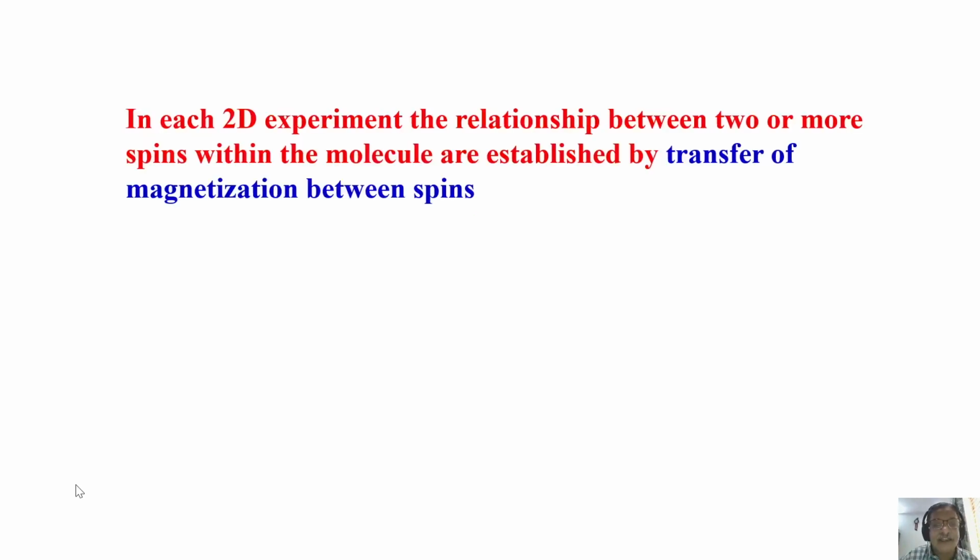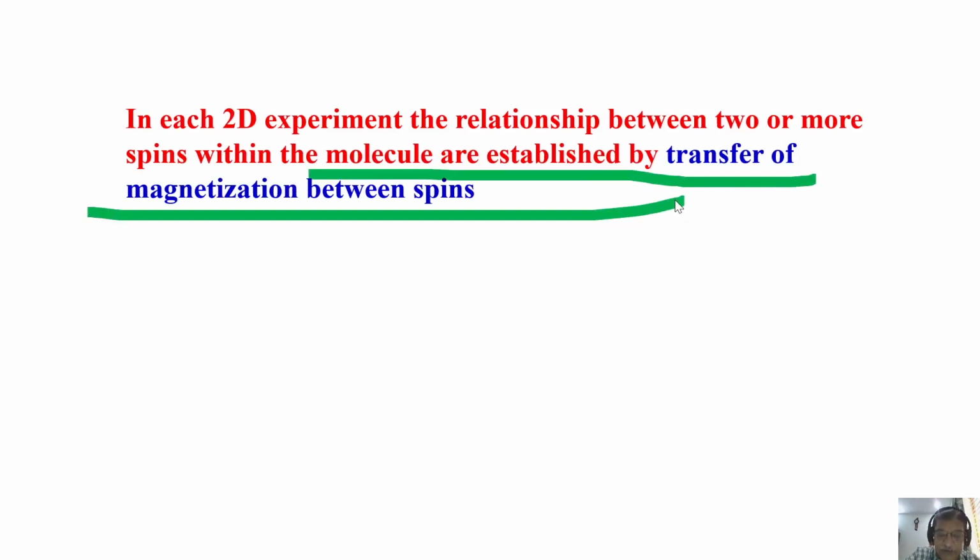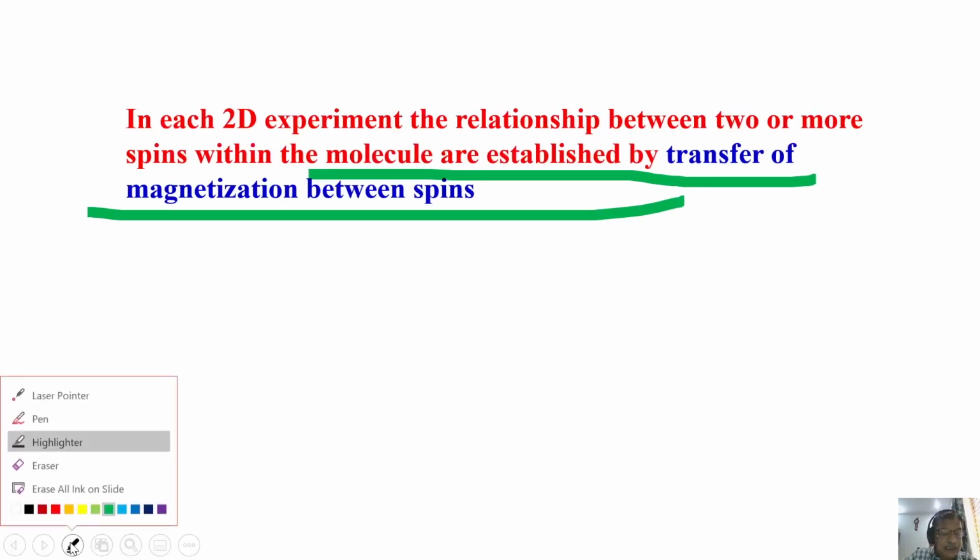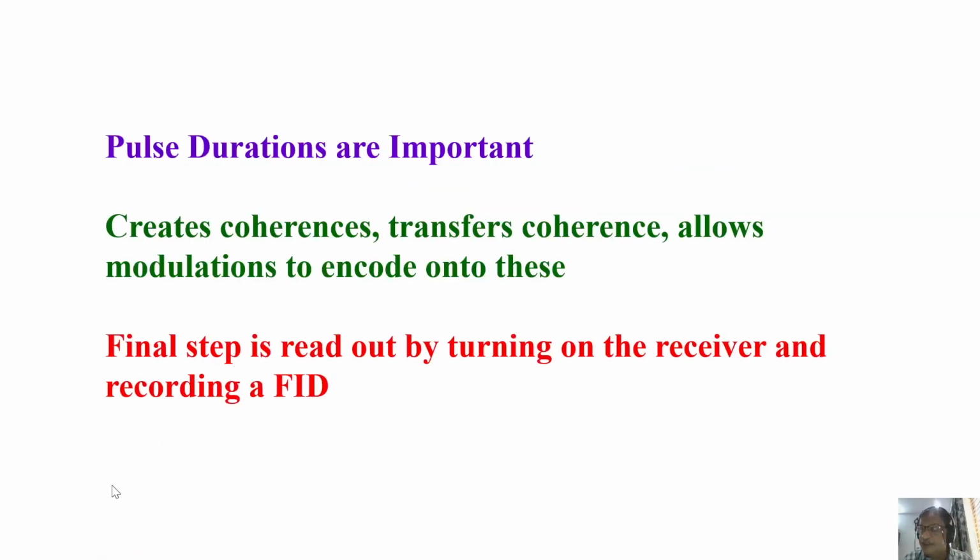That is the way we design the pulse sequence. So in each 2D experiment, relationships between two or three nuclei are established by transfer of magnetization between them. Okay, remember. How we transfer the magnetization is another type of discussion we have to do. What I will do is, I'll stop at this.